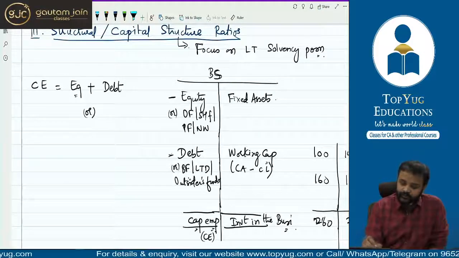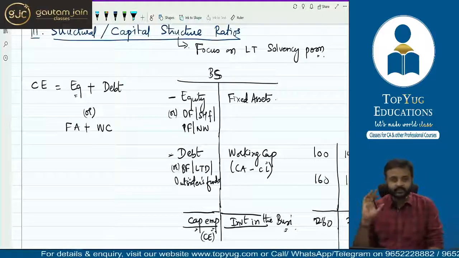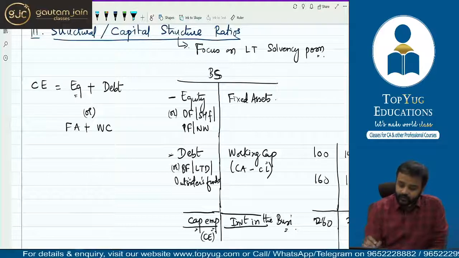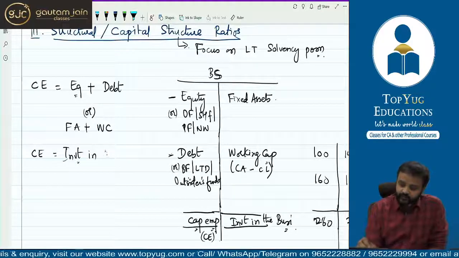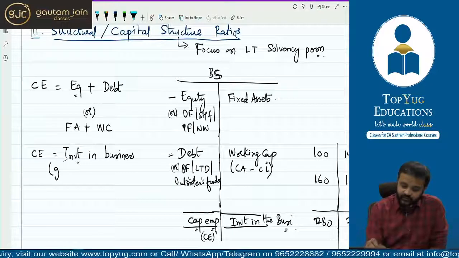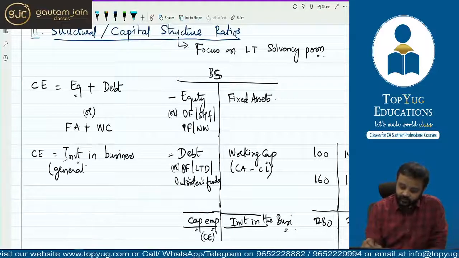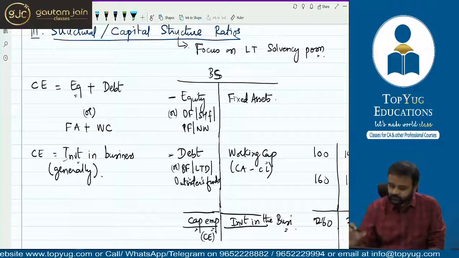Or we may say it can be fixed assets plus working capital, assuming that there is no investment in others' business, correct? So capital employed is equal to investment in the business. Whose business? Own business. This is what I can say generally happens, if not always, and that's what is our presumption, right guys?